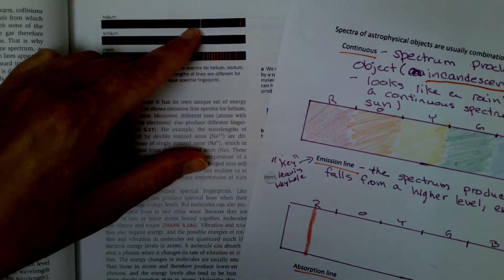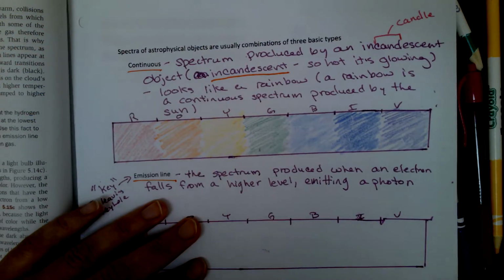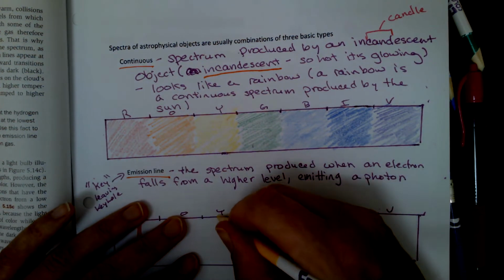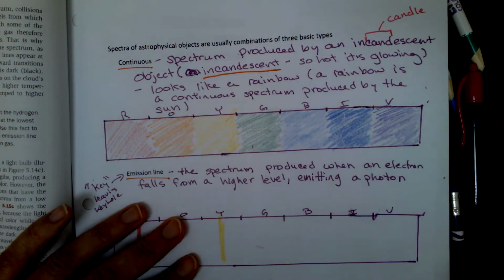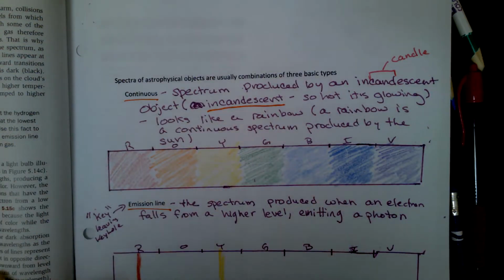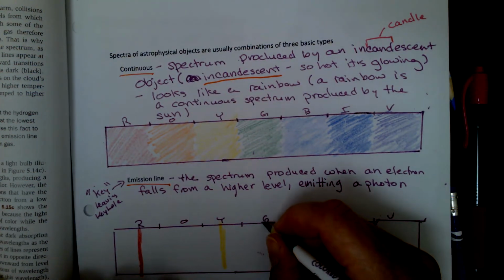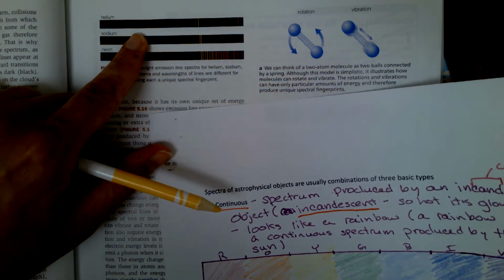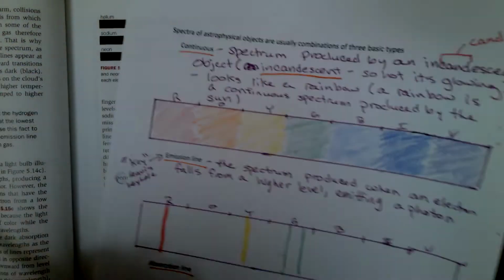A line in the yellow, so I'm going to draw a line in my yellow color. Two lines in my green, pretty close together. A line in my blue and a line in the darker blue.